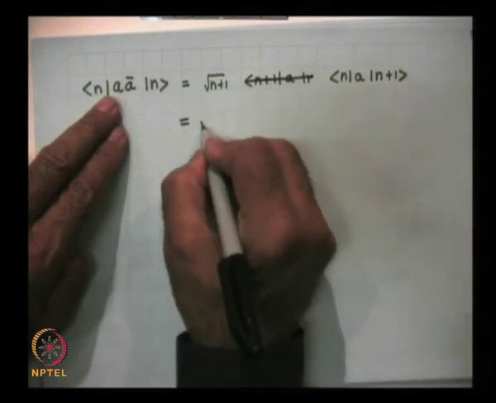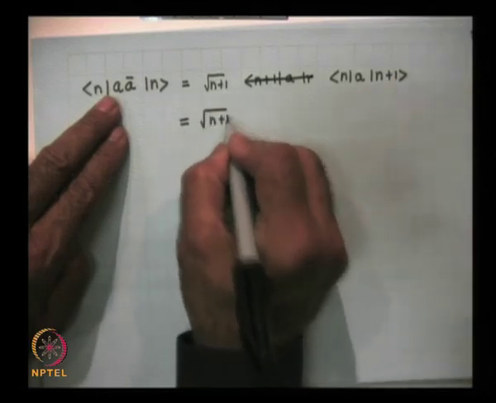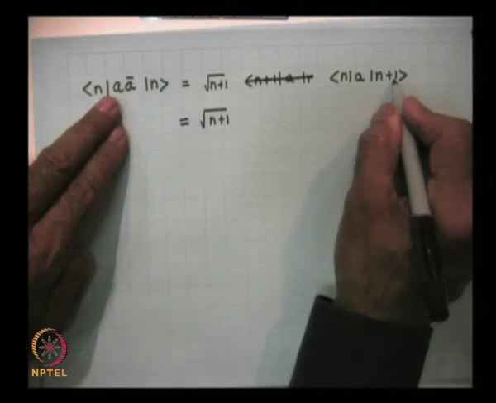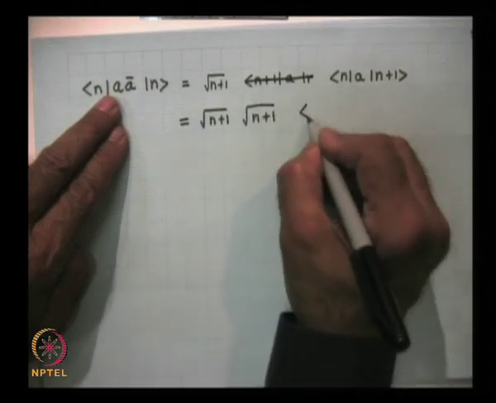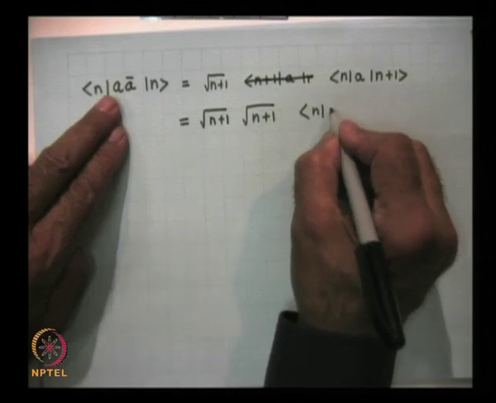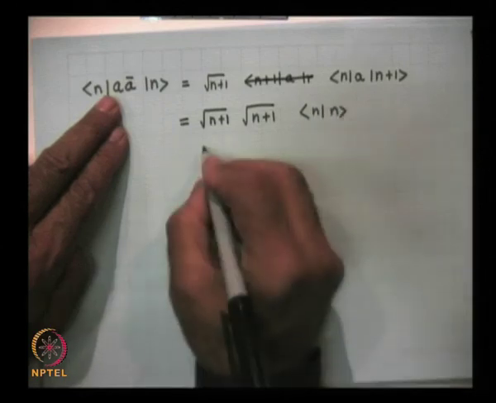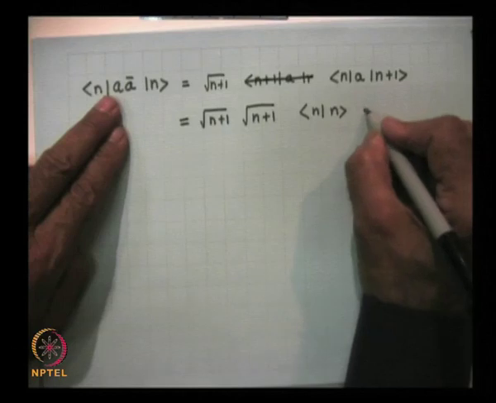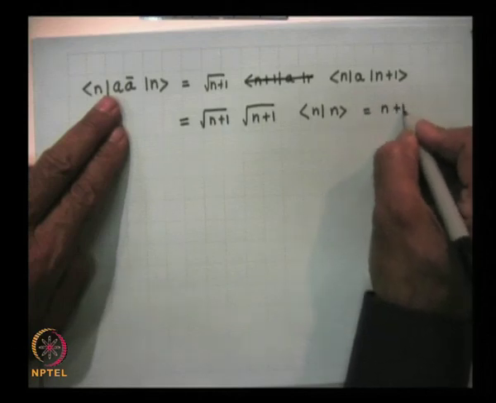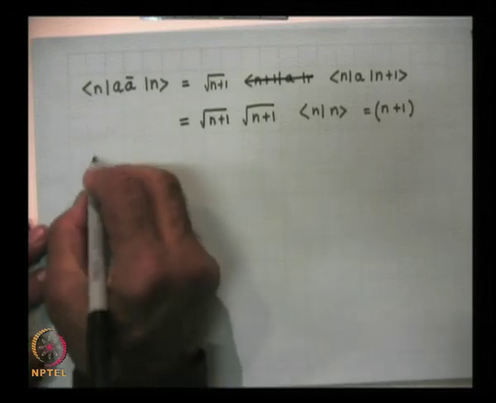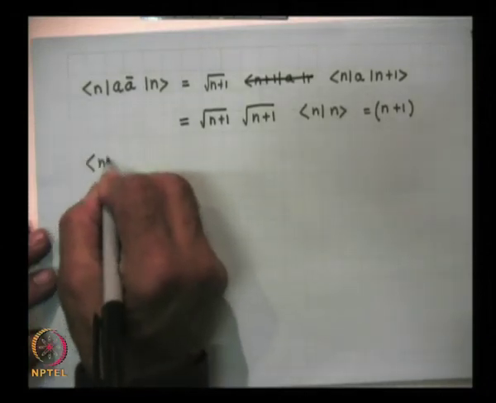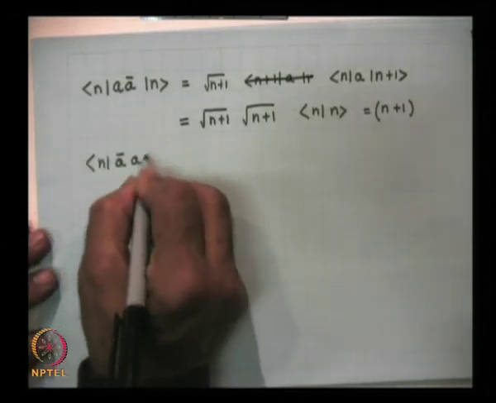Now, a operating on ket n plus 1 is again square root of n plus 1 times ket n. So, this will be n plus 1 times 1. So, this is equal to n plus 1.